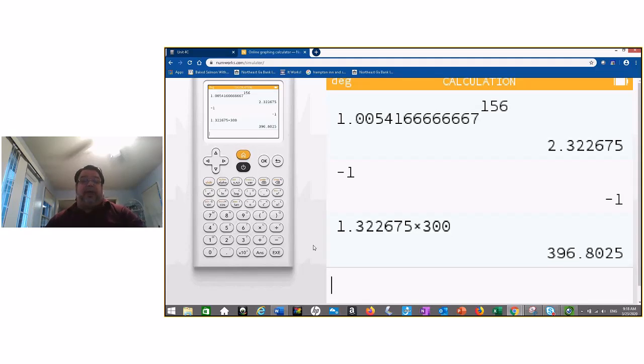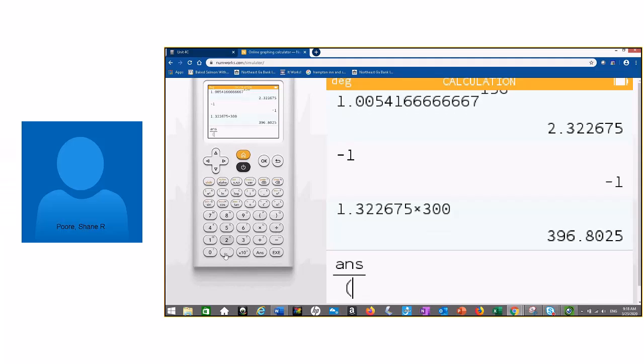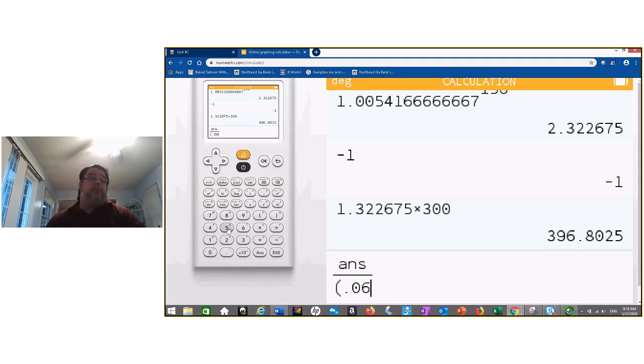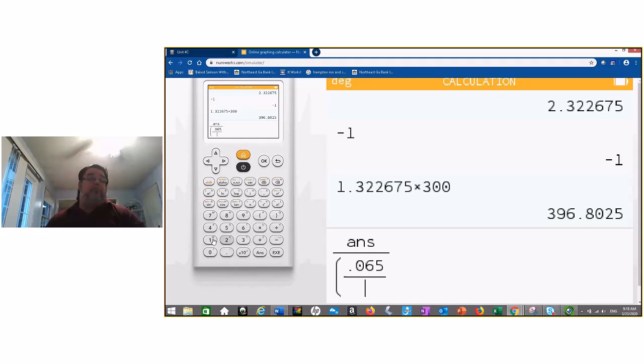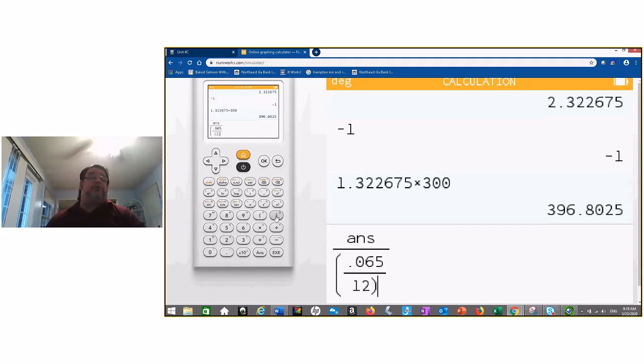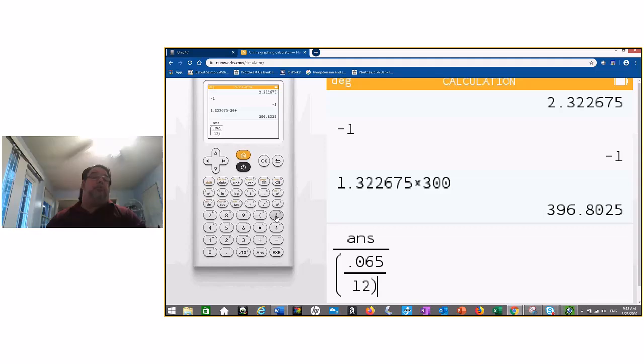All right, now I'm going to take that and divide by parentheses 0.065 divided by 12. Close parentheses. Well, that's not what I wanted, but let's see what it does. I'm about ready just to quit.